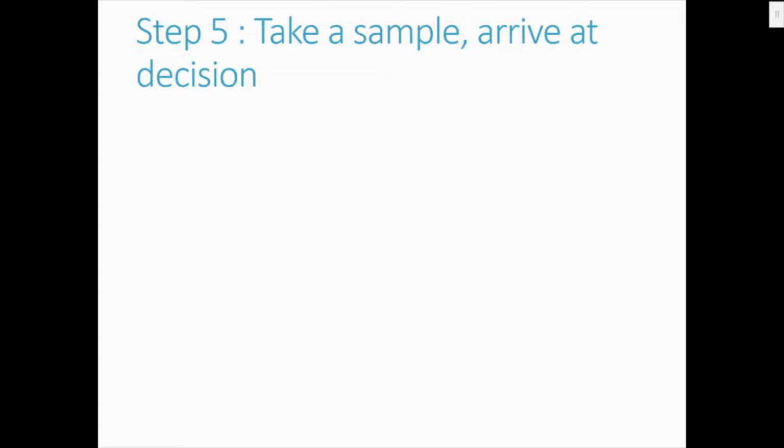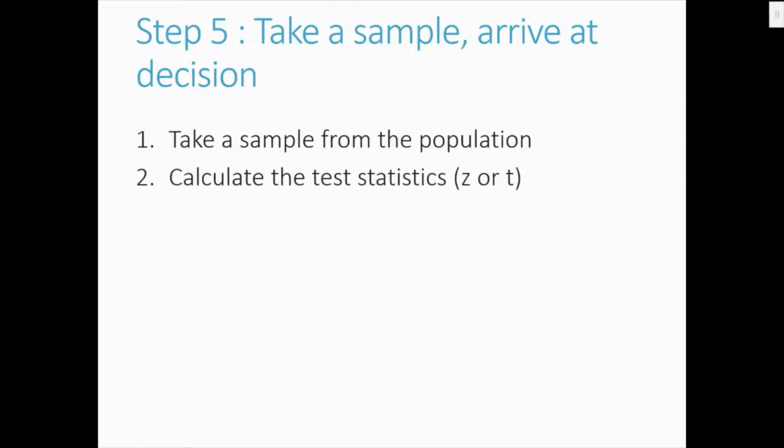That is very important for step 5, in which we take a sample and arrive at a decision. So how do we do that? As part of the exercises, or if you're working on a project and you need to take a sample to test your hypothesis, this is the step where you take a sample from the population. Second, you calculate the test statistic.